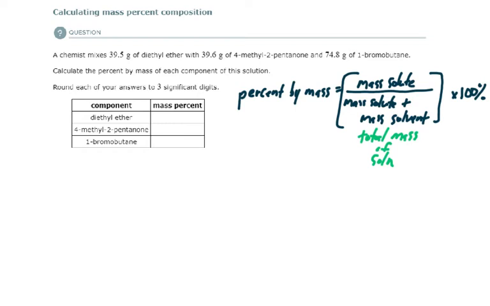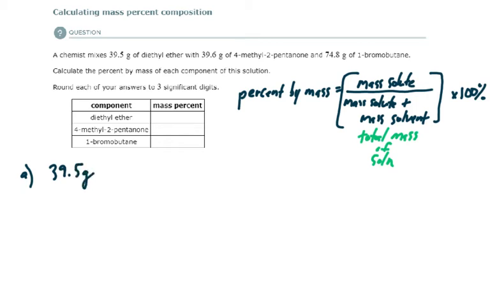So for component A, diethyl ether, let's do part A here. To find the percent by mass of this first component, I need to know what the mass of it is as a solute in this solution. It says a chemist mixes 39.5 grams of diethyl ether with this many grams of the second component and this many grams of the third component. We have a whole entire solution there. So I have 39.5 grams. How do I know that that's the solute?